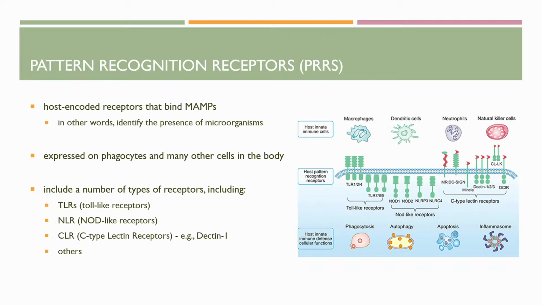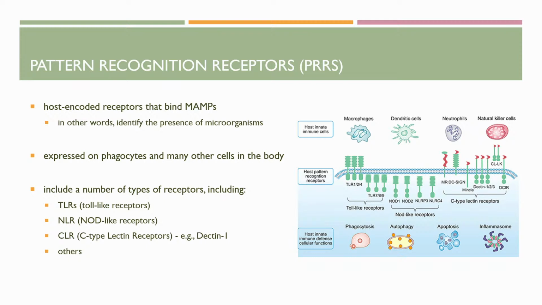So again, these pattern recognition receptors are receptors on the cell. Here we have a host cell, and we have these pattern recognition receptors. The ones that, remember, are extracellular are the TLRs, toll-like receptors. Intracellular ones are NOD-like receptors. There are also C-type lectin receptors.